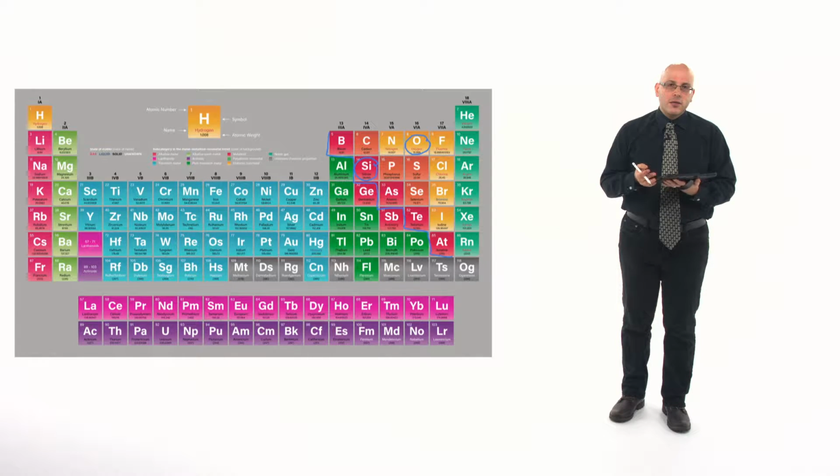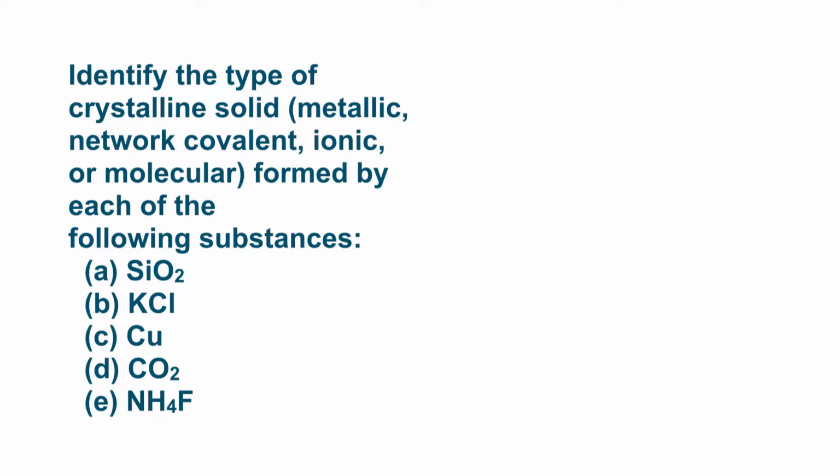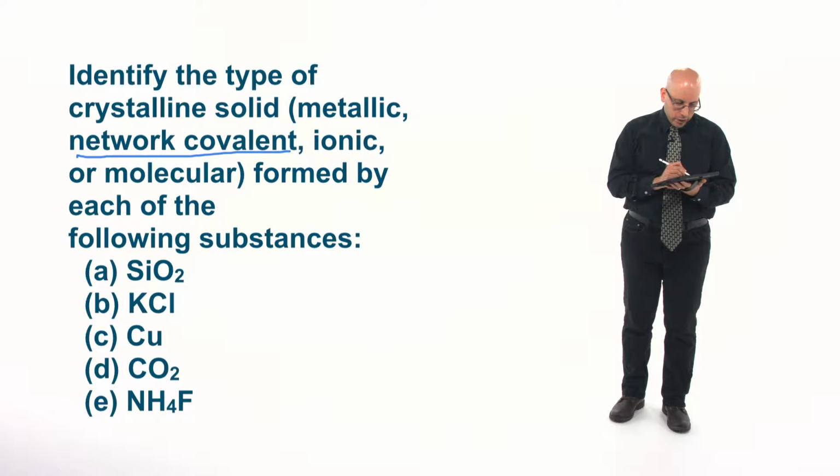But when they make solids, they tend to make their own kind of unique types of solids, which are sometimes called network covalent solids. Okay, and so for SiO2, this is going to be network covalent.